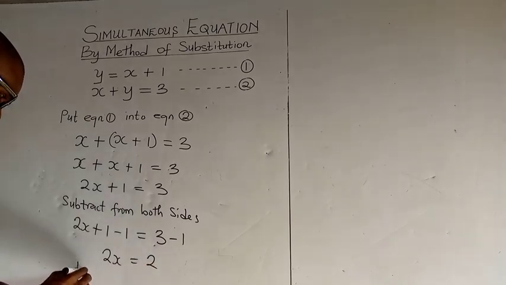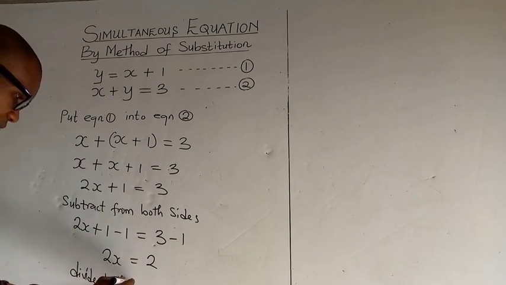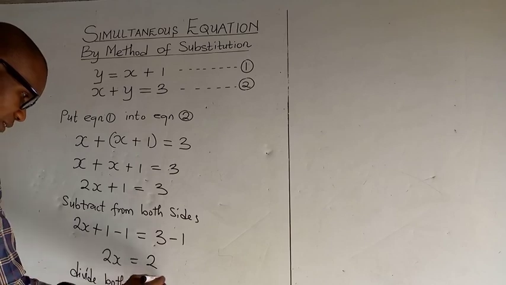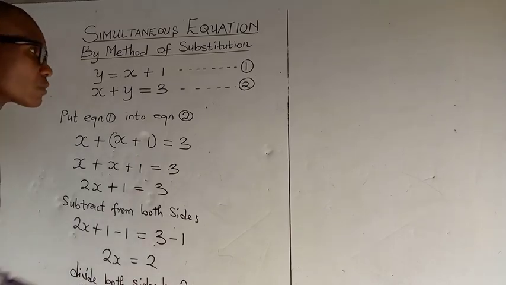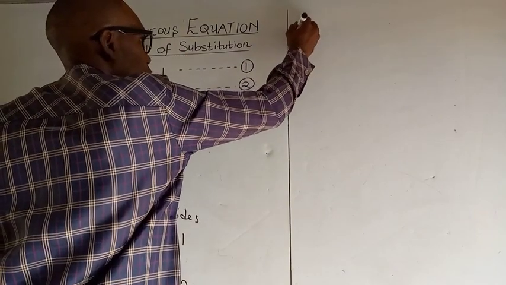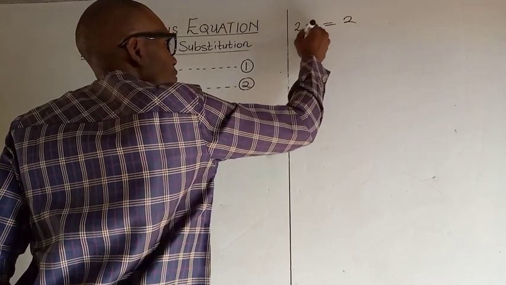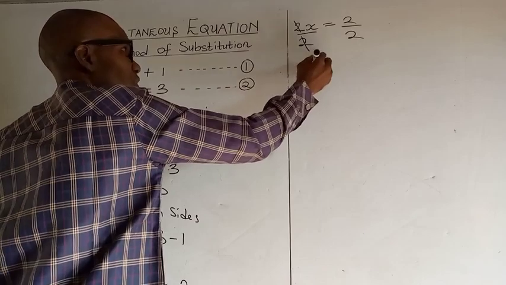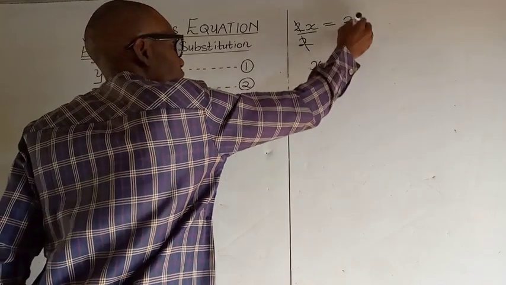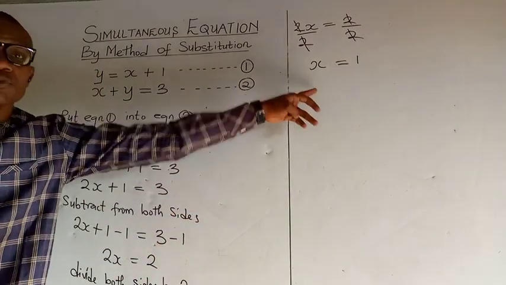We say divide both sides by 2. So we are left with 2x over 2 equal to 2 over 2. These two will cancel to give us x, and this will cancel this to give us 1. So we have x equal to 1.